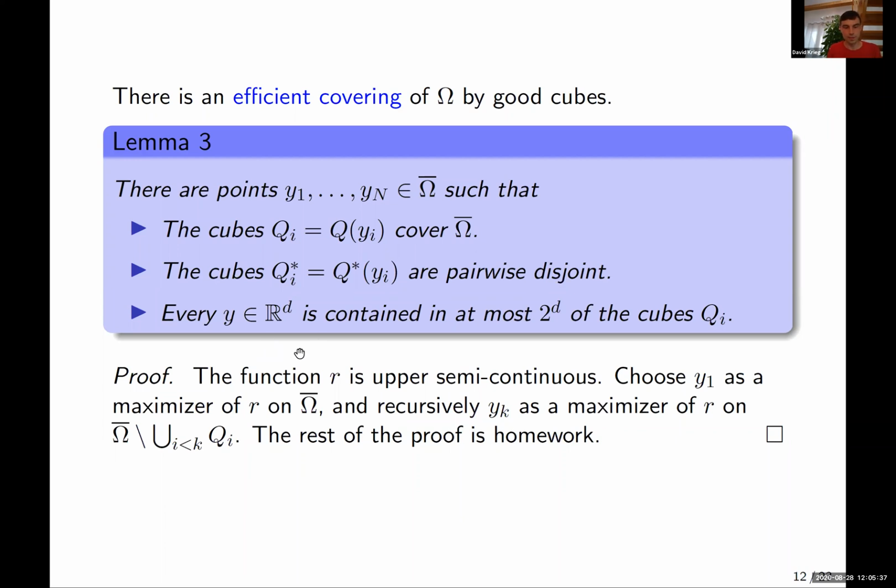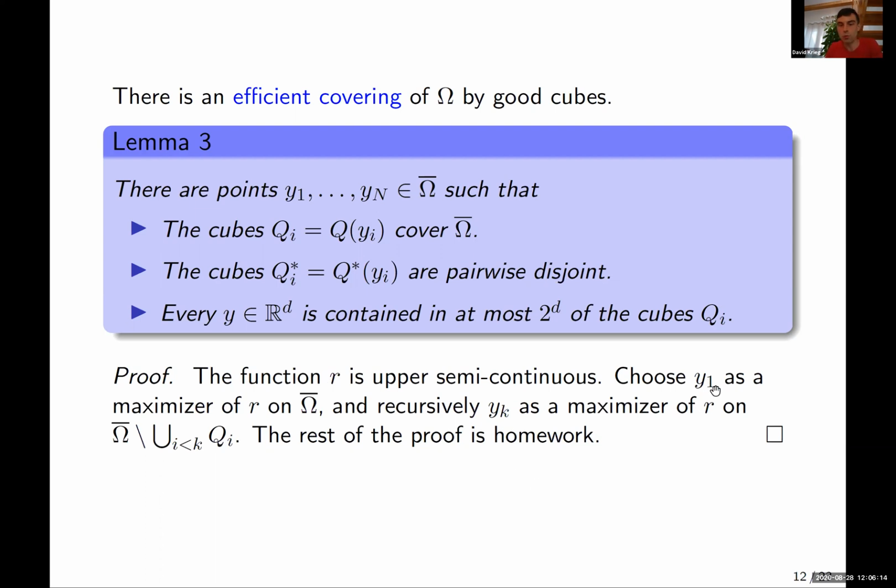And so how do we start a proof? Well, this function R, which gives you the radius of the good cube around x, is upper semi-continuous. Yes, because if you move the center a little, then the cube of the same size is still good, because the points were inside the open subcubes. So R is upper semi-continuous.